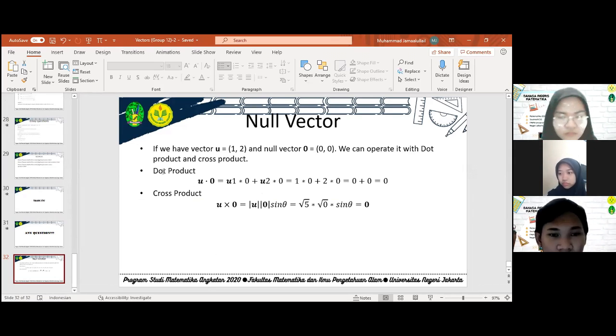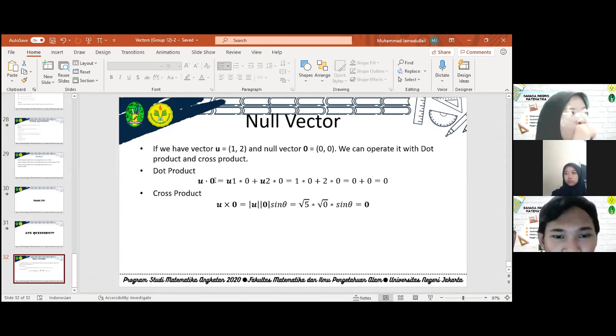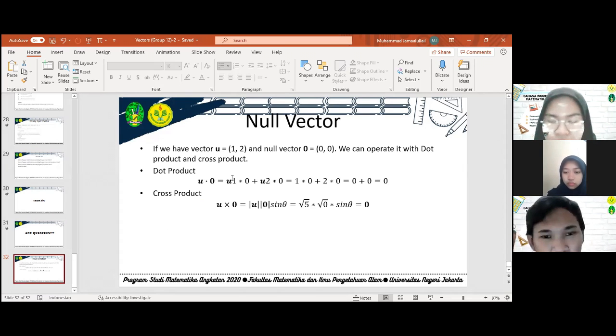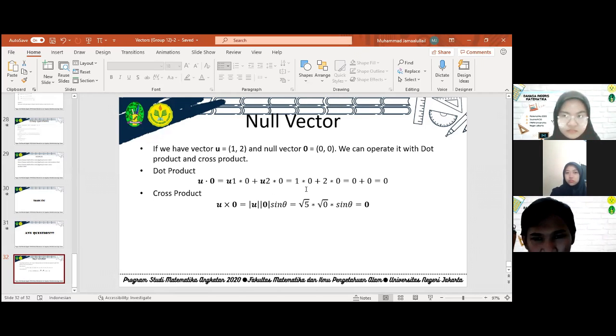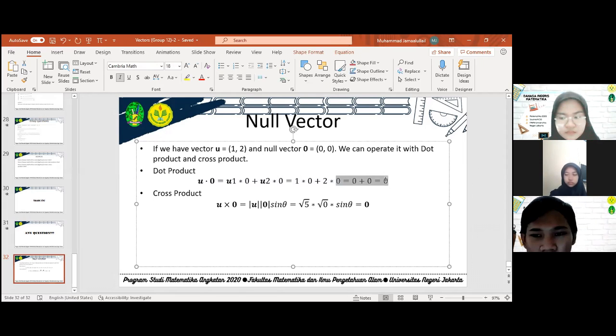This is the dot product: vector u dot vector 0 equals u1 or ux times 0 plus u2 or uy times 0. So we have 1 times 0 plus 2 times 0 equals 0 plus 0 equals 0. So the scalar is 0.